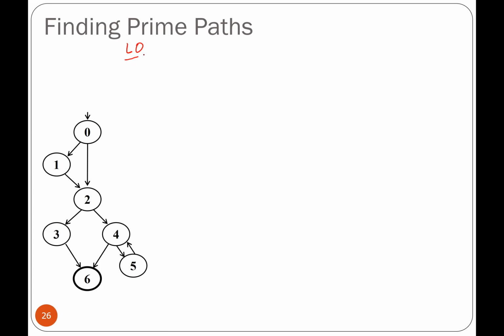Paths of length 0 means I'm actually looking for node coverage. So for length 0, I have 0, 1, 2, 3, 4, 5, and 6. I usually put a little exclamation mark to say that 6 is a terminal node, just for my own information.